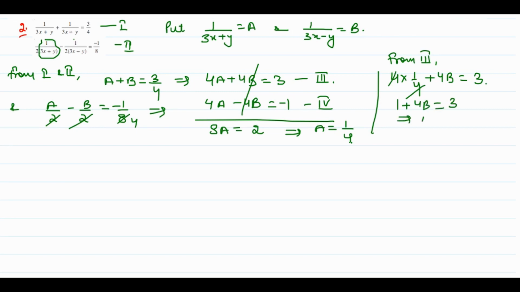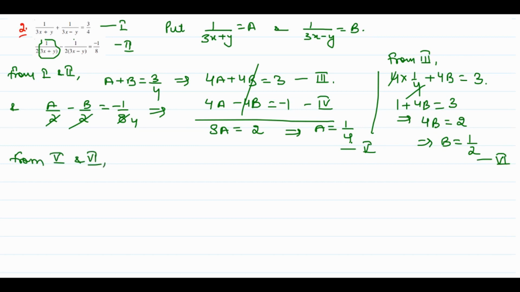This implies 4b is equal to 2, implying b is equal to 1 by 2. Let this be number 5 and this be number 6. Now from 5 and 6 we go back to x and y.